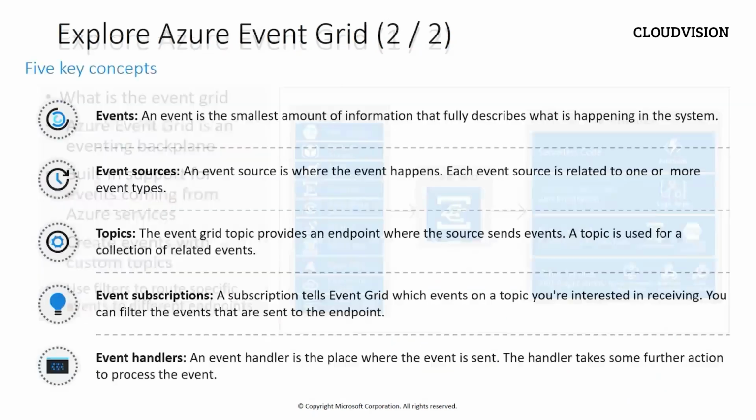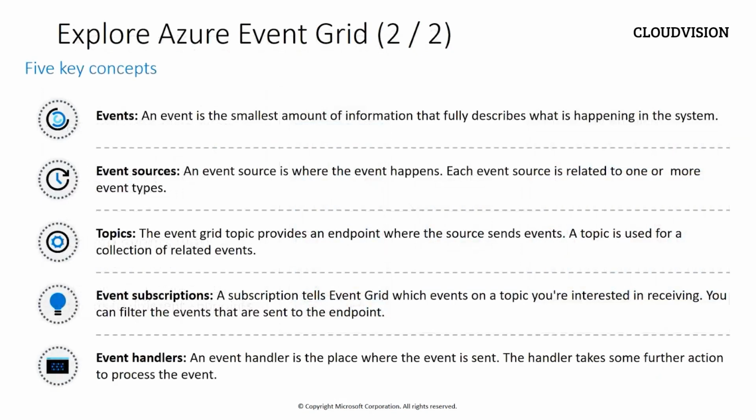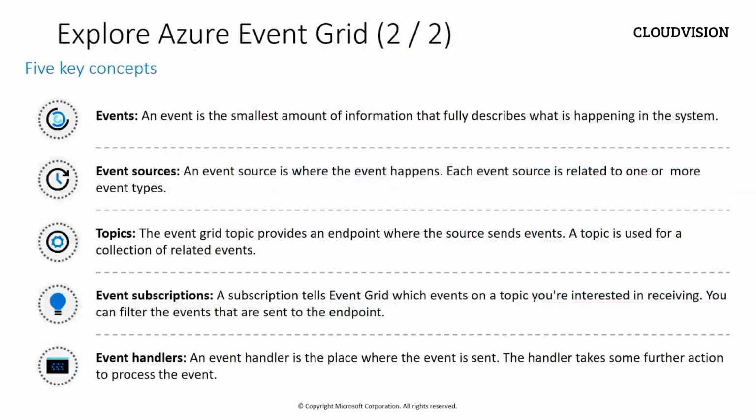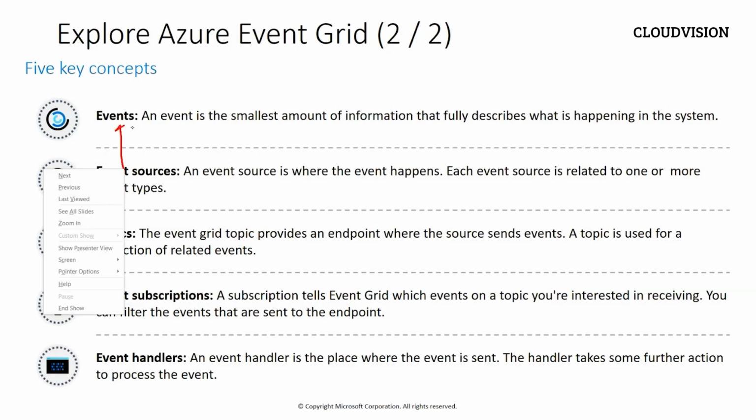Now, there are a few terms that you need to understand. What is an event source? An event source is a resource which has the ability to raise events. I told you about the event sources; these are the ones that I have. Then an event is an action that is raised on the source, and that information is going to be sent to the destination.